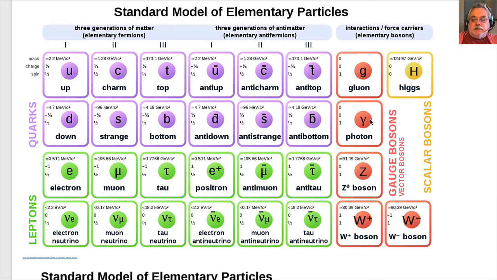The photon is its own antiparticle, but don't think that two photons annihilate each other. The gluon is its own antiparticle, and the Z boson is its own antiparticle. The W plus and W minus are antiparticles to one another.